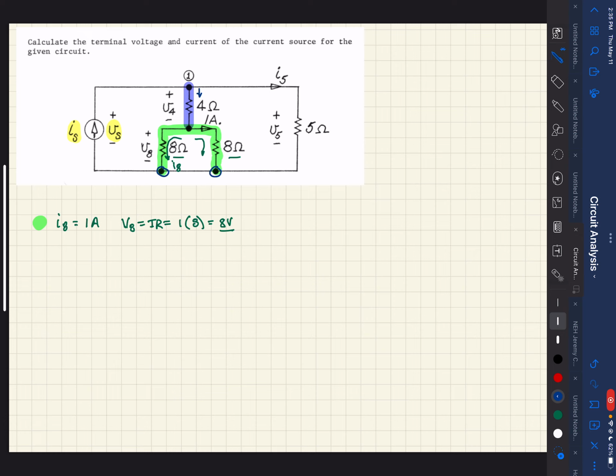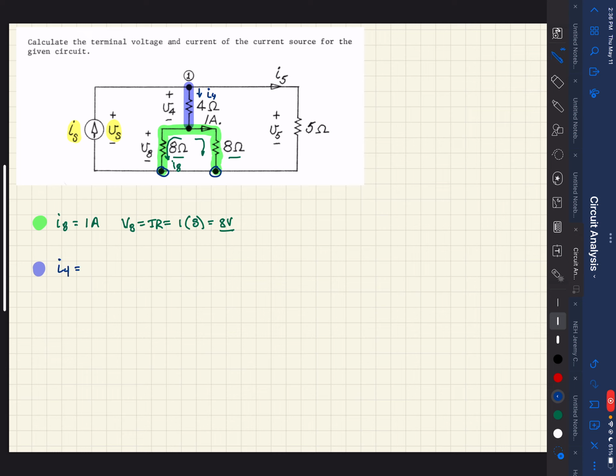We just determined that it's 1 amp going down each leg, so as we work our way back up, that has to equal the total current coming through the blue section. We'll call this current I4 to go along with V4.